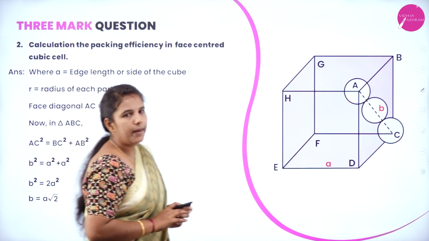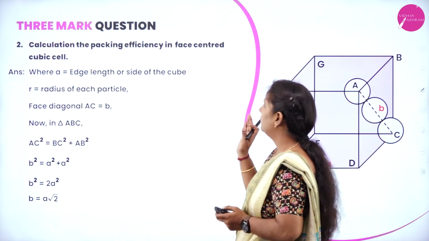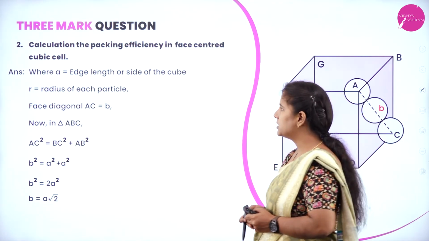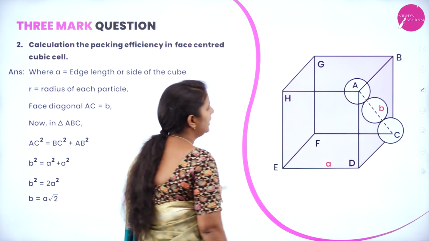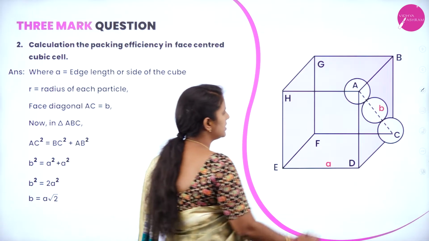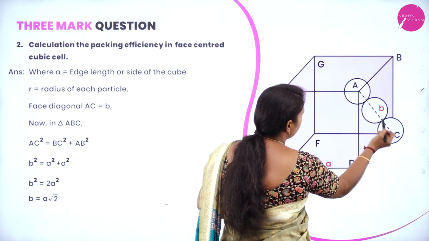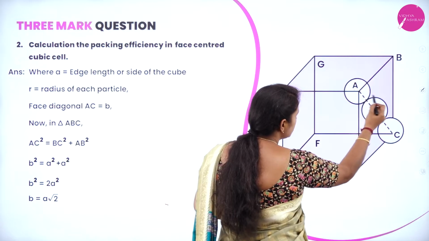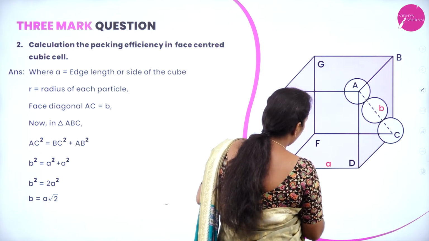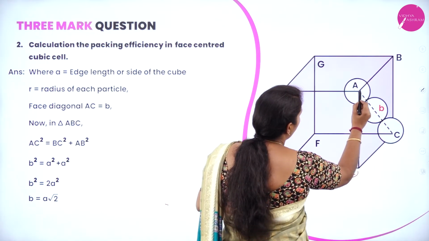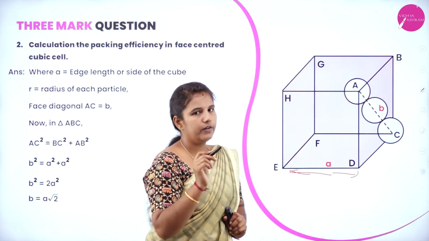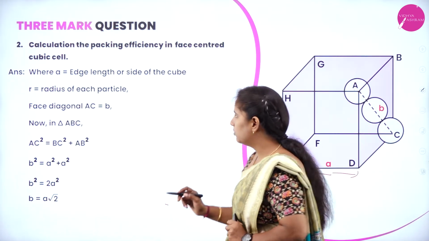We'll see packing efficiency in the face-centered cubic unit cell. Hope you know that in a face-centered cubic unit cell, again I have considered the 2 corner particles. In addition to this, I have also considered the particle present at one face. A is the edge length and r is the distance from the center of the nucleus to the outermost surface.